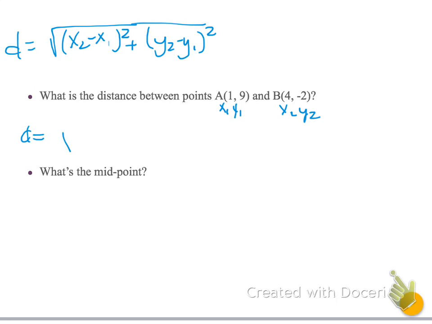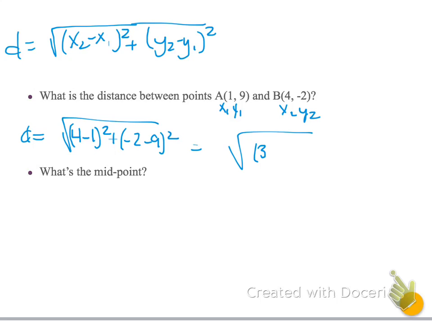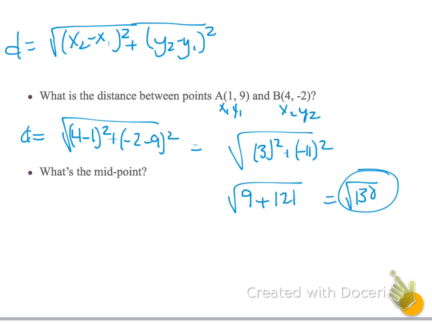So d equals the square root of x2, which is 4, minus my x1, which is 1, squared, plus y2 minus my y1, all squared. So now we got to simplify. 4 minus 1 is 3. -2 minus 9 is -11. 3 squared is 9. 11 squared is 121. So the square root of 130 is the distance between that point and that point.